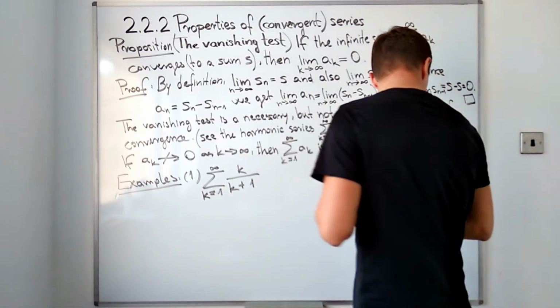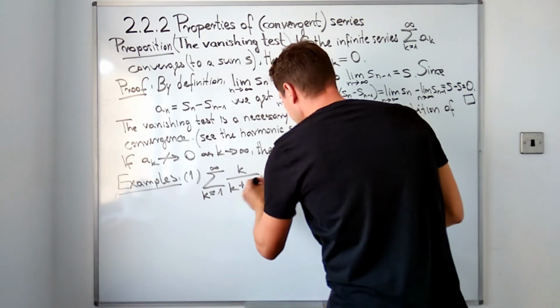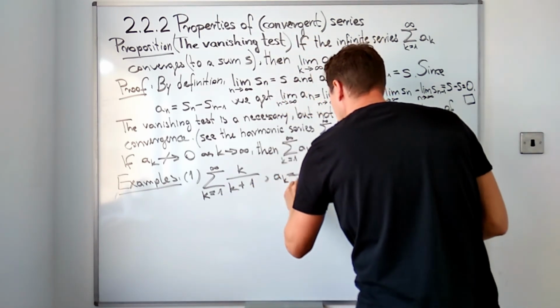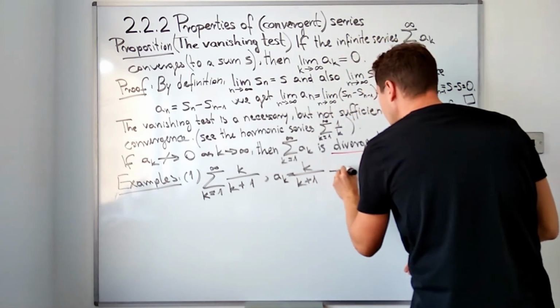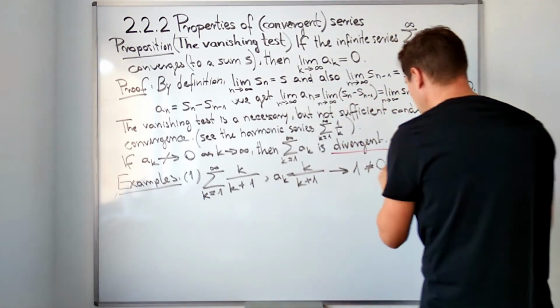I hope you paused the video and found that in fact ak is now k divided by k plus 1, and this converges to the number 1, which is not 0.